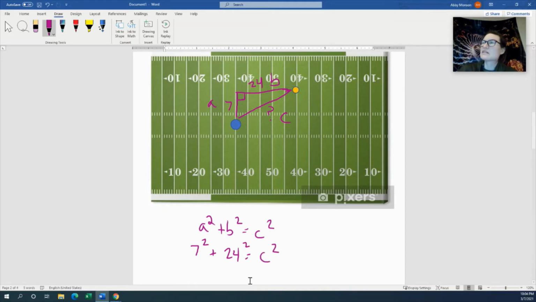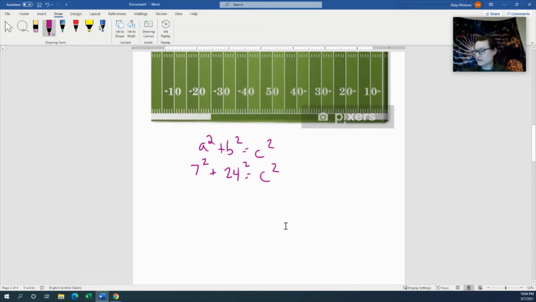Now this is where I'm definitely going to need a calculator. 7 squared, I know, 7 times 7 is 49, plus 24 squared. I'm going to pull up the Desmos scientific calculator because I need to square root. When I take 24 squared, I get the number 576. Wow, that is a large number.